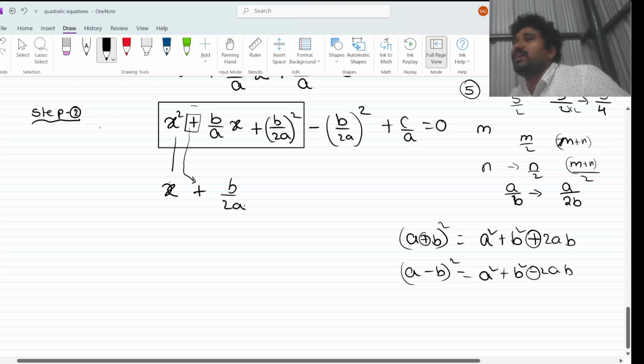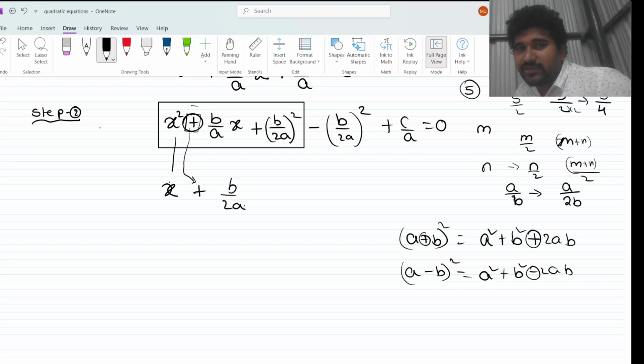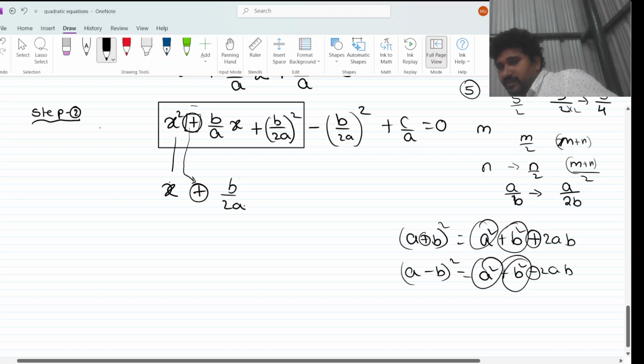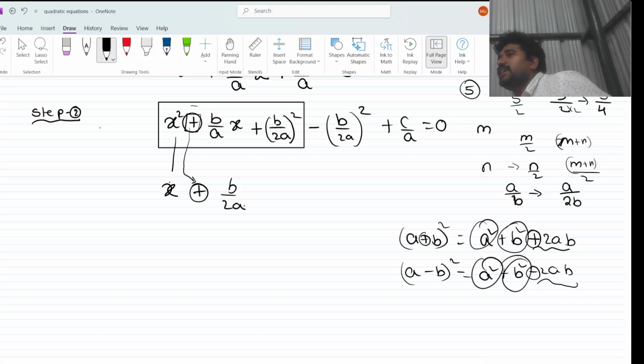The same way, what is the sign here? Plus. That is why I put plus. The squares are always positive, look. You know the deciding factor, the sign of 2ab is the only deciding factor. Is that clear for everybody?